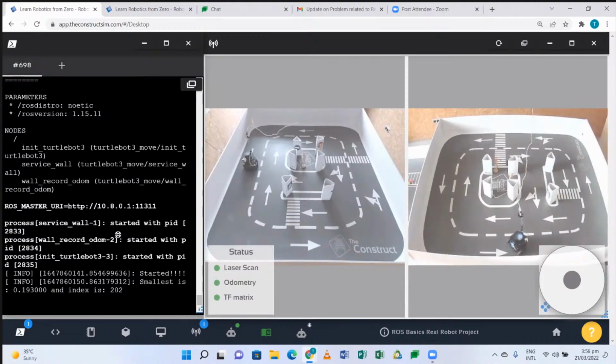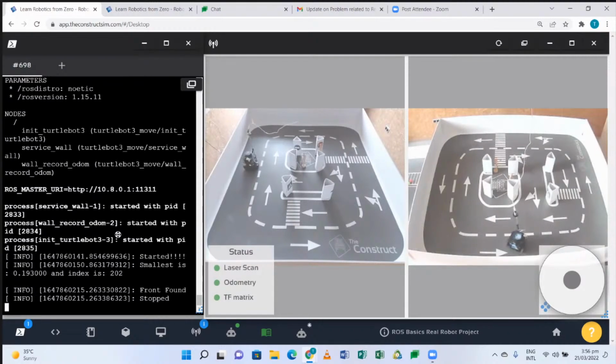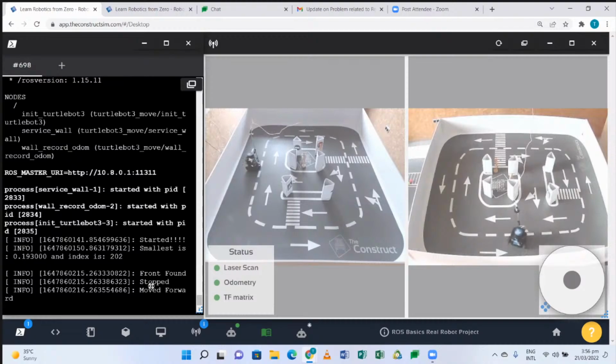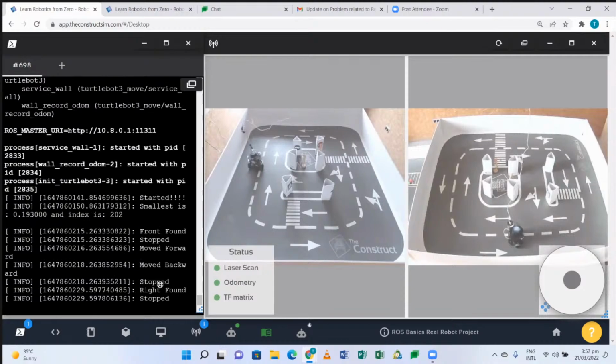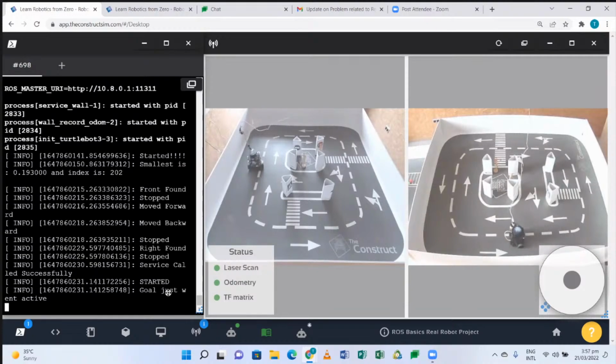So again, this is the service that finds the wall. And then it has found the front value and it stopped and moved backward a little bit, so that its value is around 0.3 meters from the wall. Now it has reoriented itself and the service has completed, and the action goal just went active.